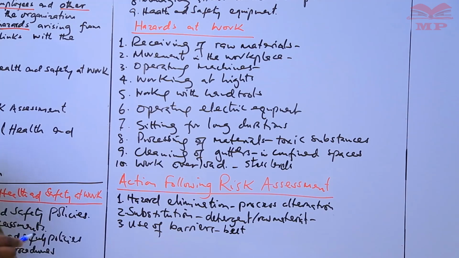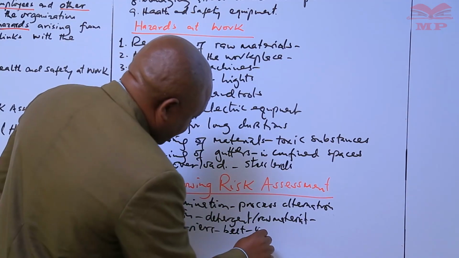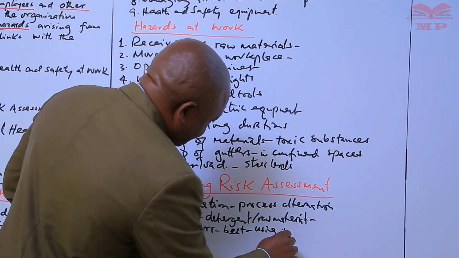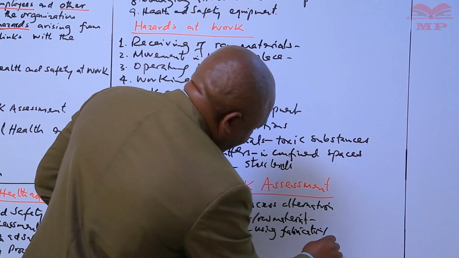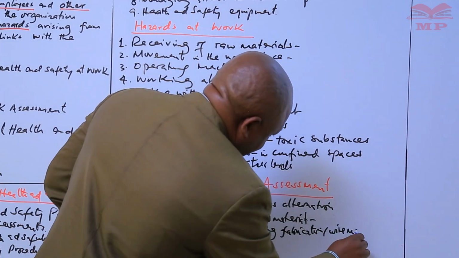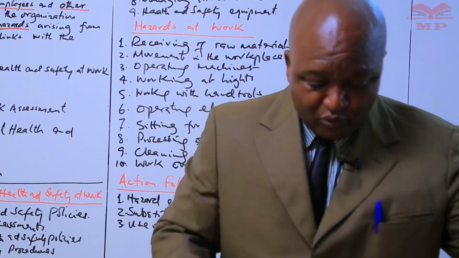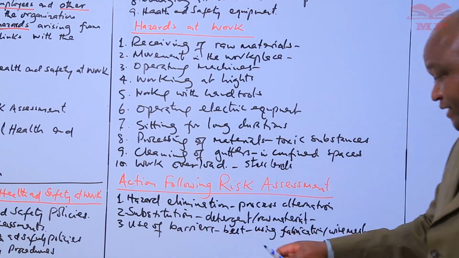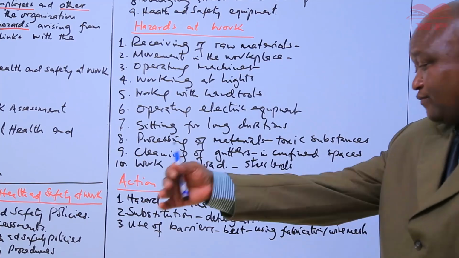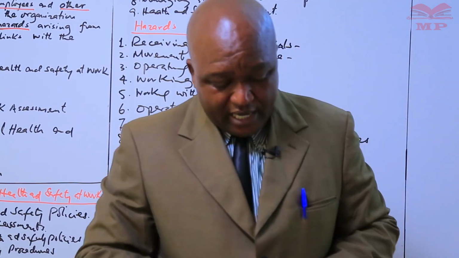So the use of barriers may involve, for example, using fabrication or some wire mesh put between the belt and where the workers are, and that way you have put a barrier such that no employee can go to that side of the machine, and that helps in reducing the risk.